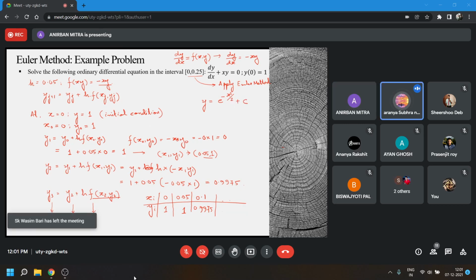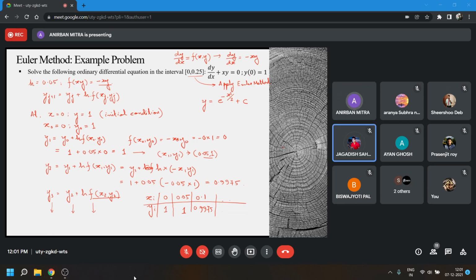The constant can be evaluated from the initial condition. If you put this condition over here, this c would come out to be 0. So basically, the exact solution is y is equal to e to the power minus x squared by 2.